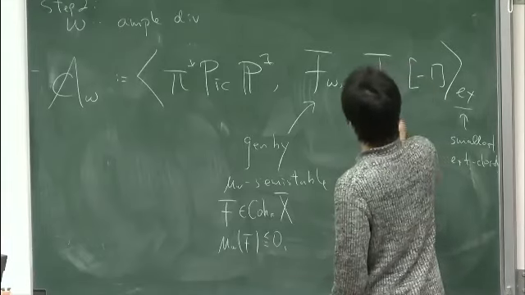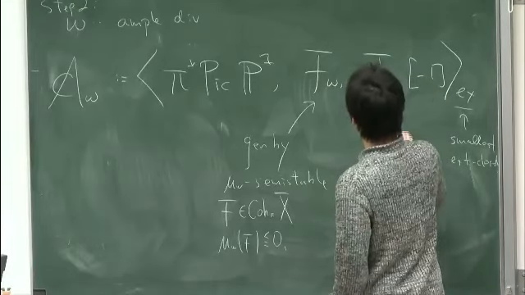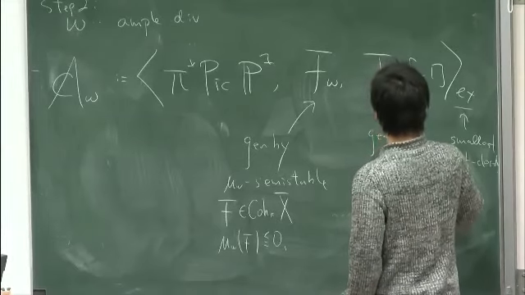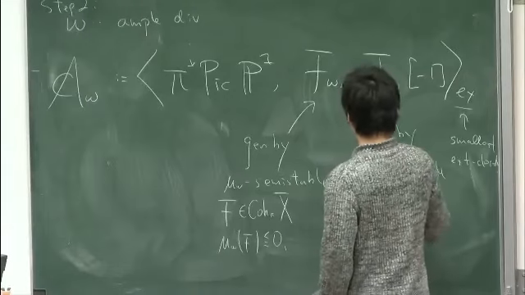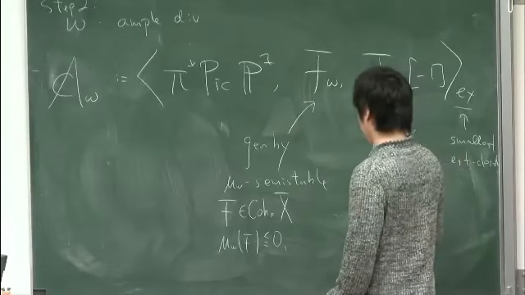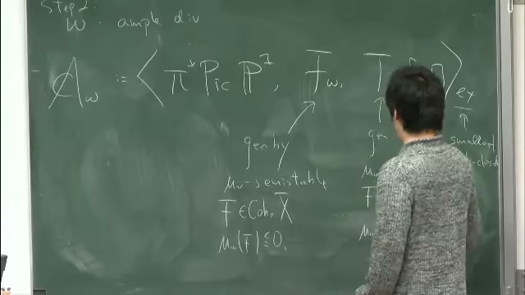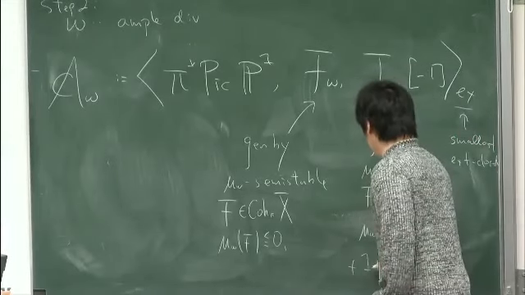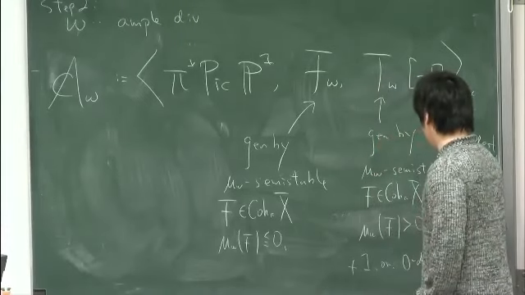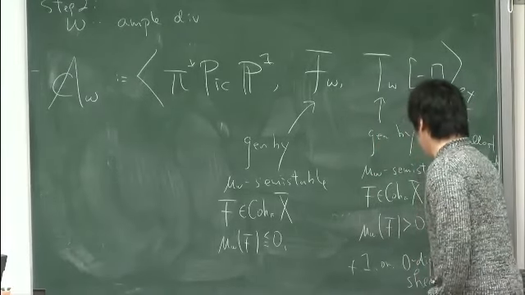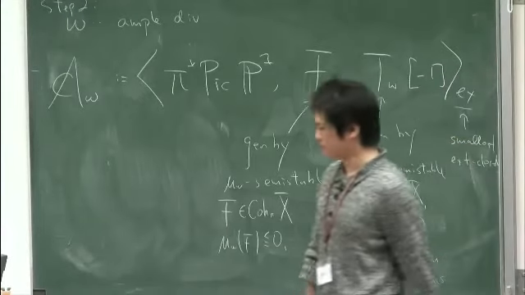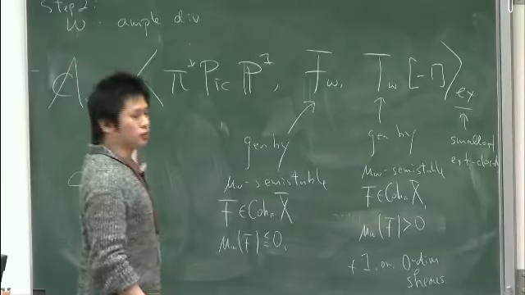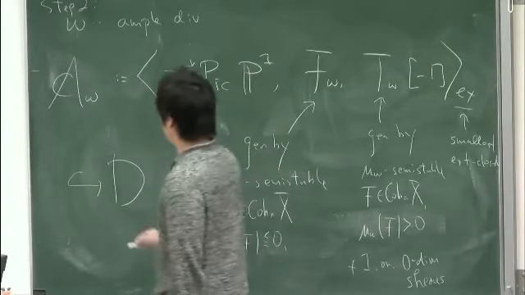So this one is also generated by mu_omega semistable sheaves where mu_omega is positive, and also plus torsion, one or zero dimensional sheaves. Actually, I can show that this is a bounded t-structure on this triangulated category.